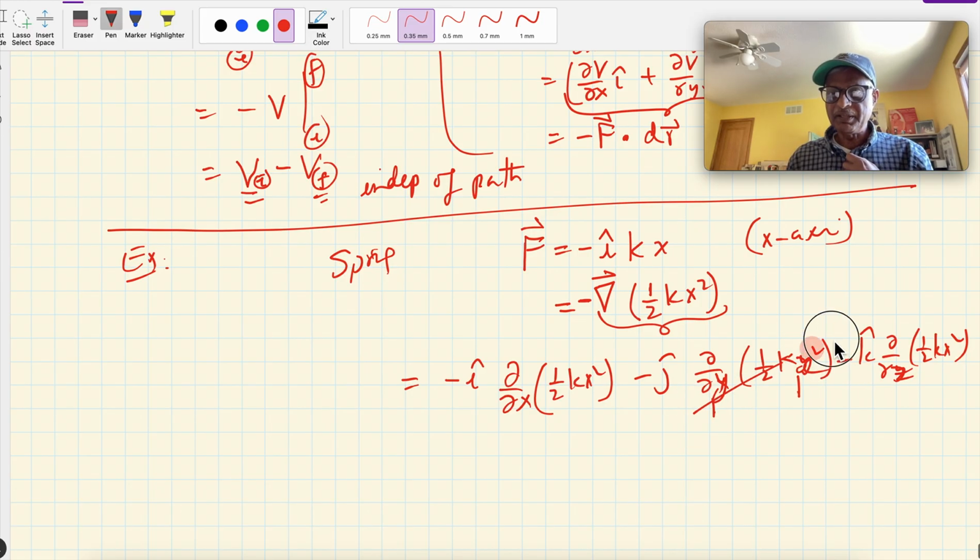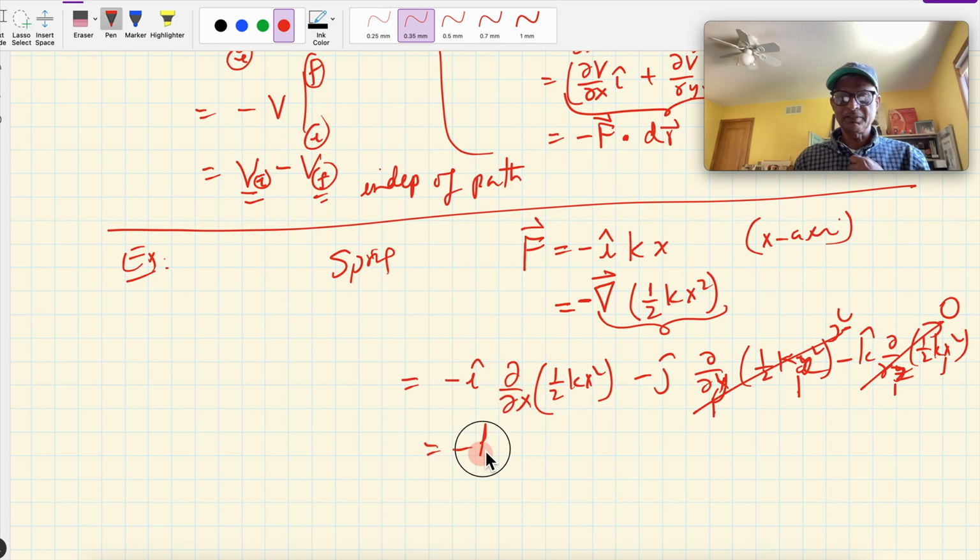X and y are independent, so this will be 0. X and z are independent, so this will be 0. Take a derivative here and you have minus kx i hat.